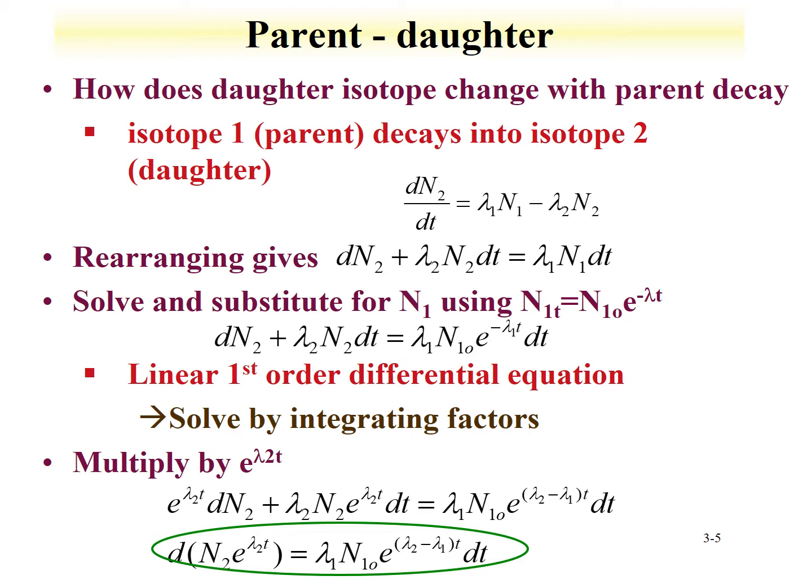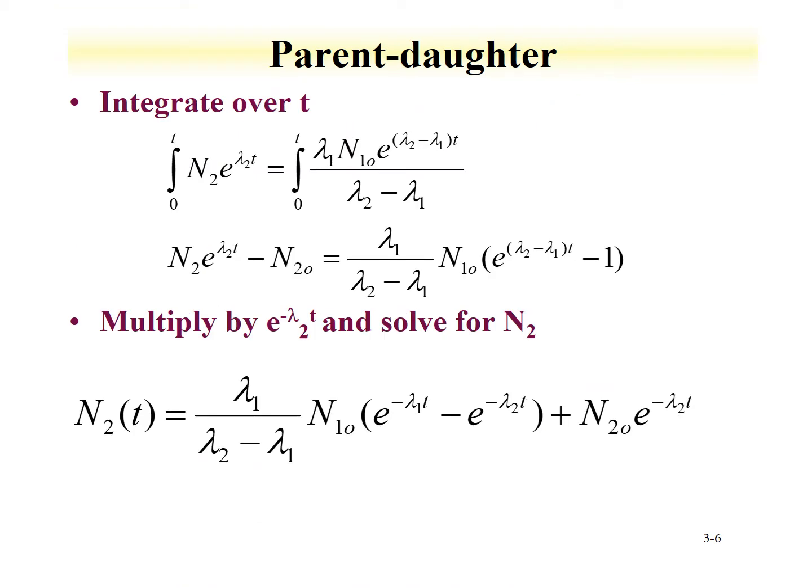We now have this equation. Now let's integrate over time. So let's provide the integral, and we get this term. We integrate what we see here, lambda 1 n1 naught e to the minus (lambda 2 minus lambda 1) times t, divided by the difference between lambda 2 and lambda 1.